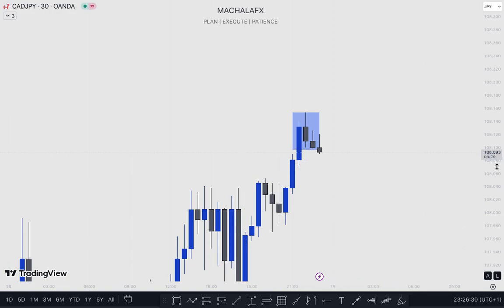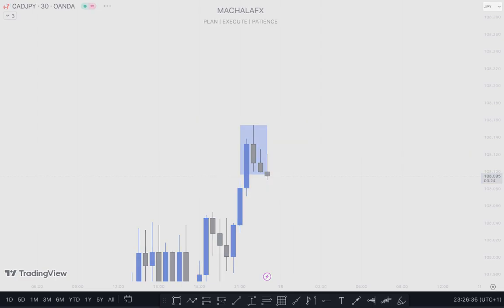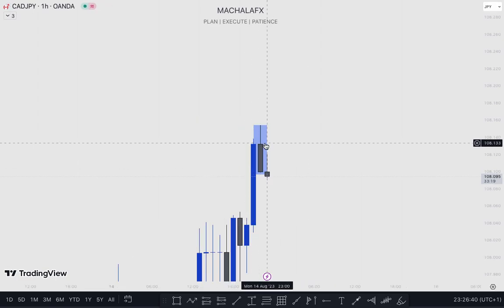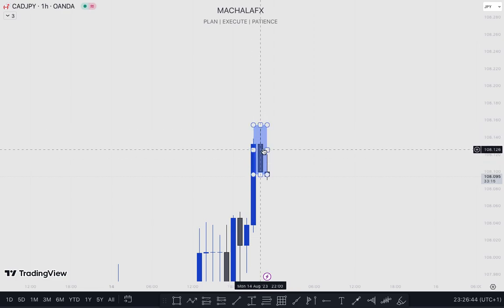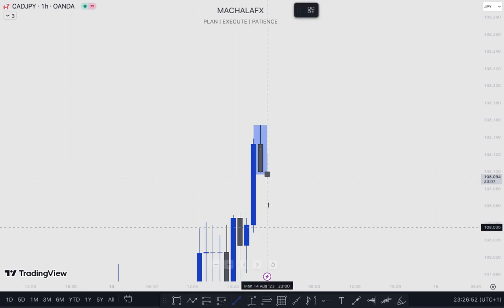You can see, in 30 minutes it was 2 candles. Then let me go back to 1 hour and show you something. Okay, now here is the open, here is the high, here is the body, here is the low, here is where it opened.